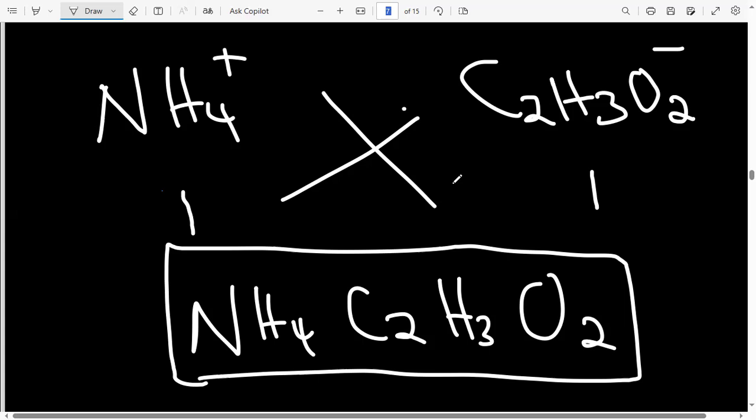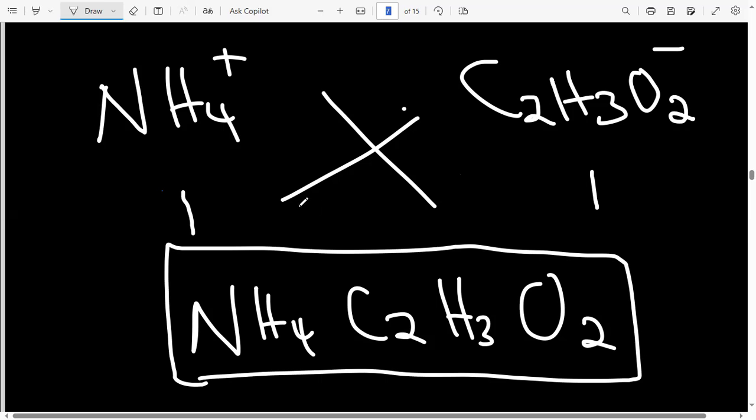On ammonium, there's a 4 there, and for acetate, there's a 2 there on the oxygen. Can you divide it? No, you can't divide.